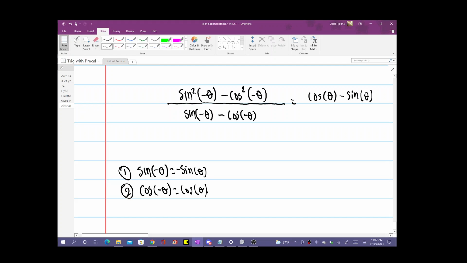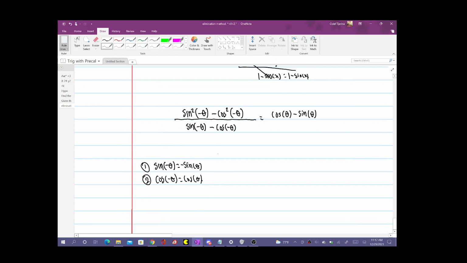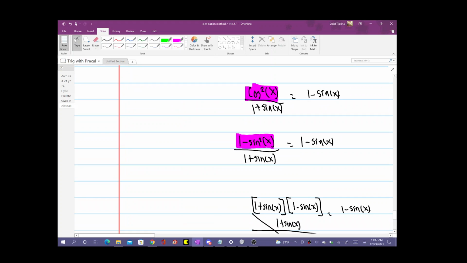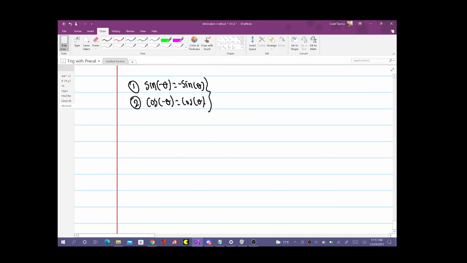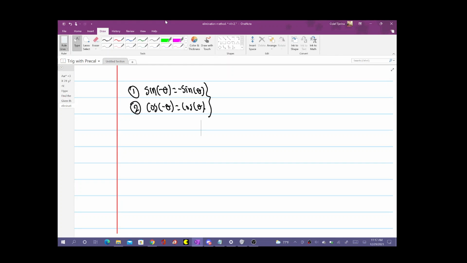Notice that when it's sine of negative theta, it's negative sine of theta. When it's cosine of negative theta, it's cosine of theta. So you have to be careful. Okay, really remember these 2.